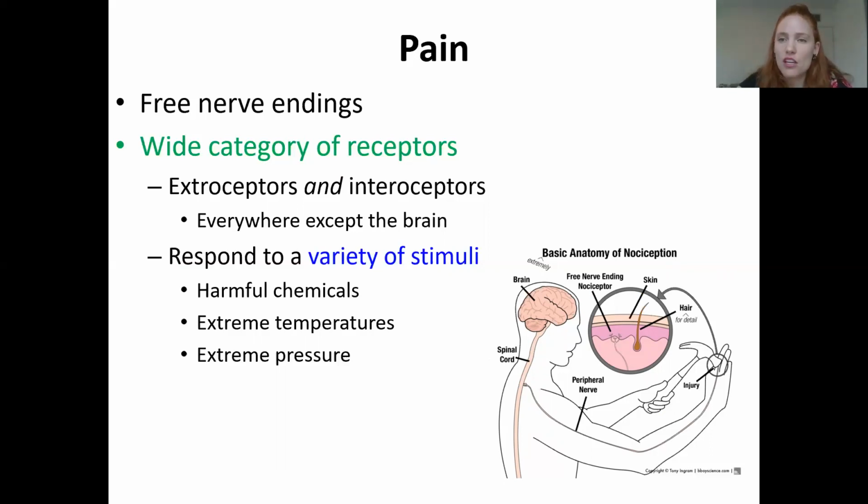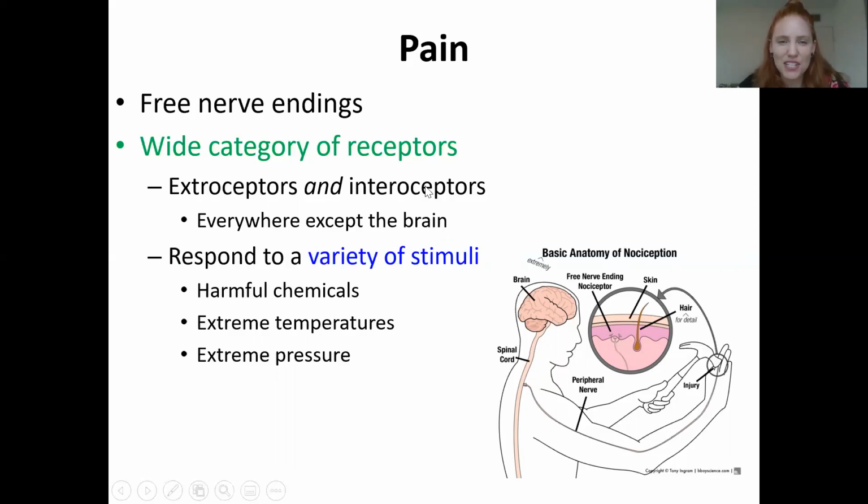And extreme harmful chemicals can be interpreted as pain, as can deep pressure. Anything that is extreme usually can activate these free nerve endings, and those will take information to the brain, and your brain will interpret that as pain, right? So a lot of different types of receptors can create the sensation of pain.